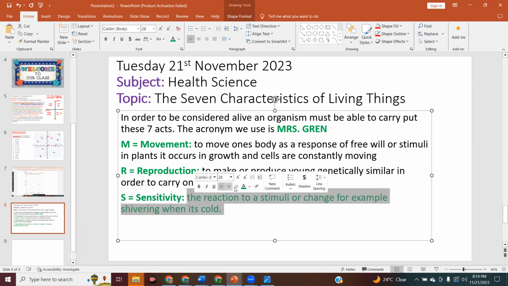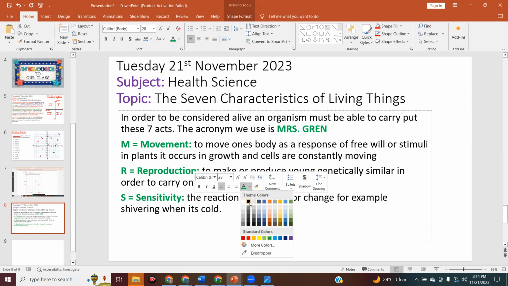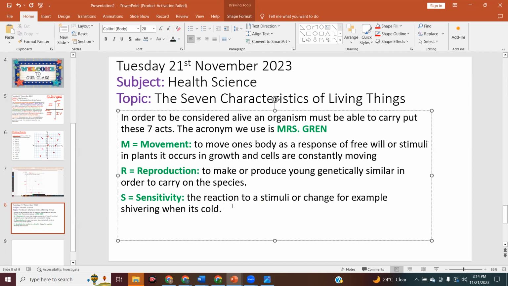The stimuli is obviously the drop in temperature, and your body reacts to that by shivering so you can get warm, right? That's a reaction to stimuli. Another stimuli could be heat. When you touch the stove, what does your body automatically do? Take back your hand. Very good. That is sensitivity, or we call it irritability. That's the body's ability to react to the stimuli.